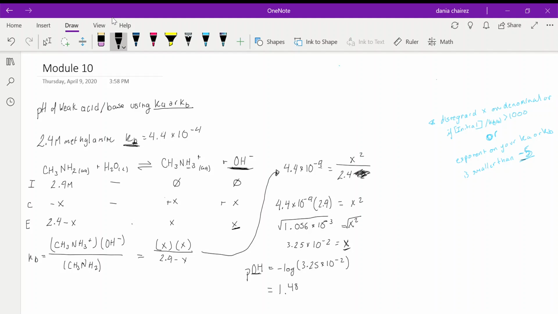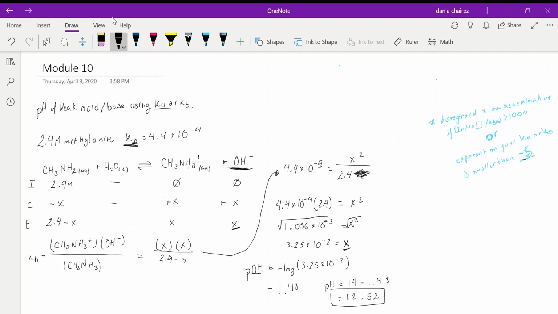Then to find pH, we just do 14 minus 1.48, which gives us 12.52.